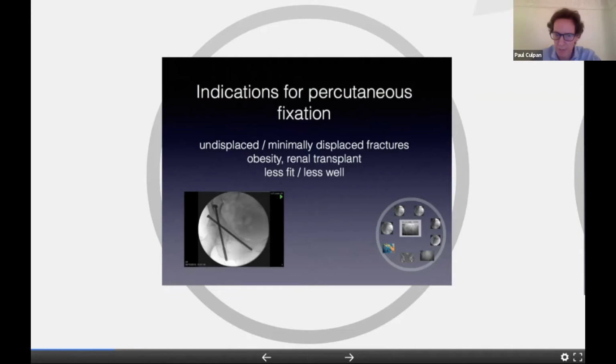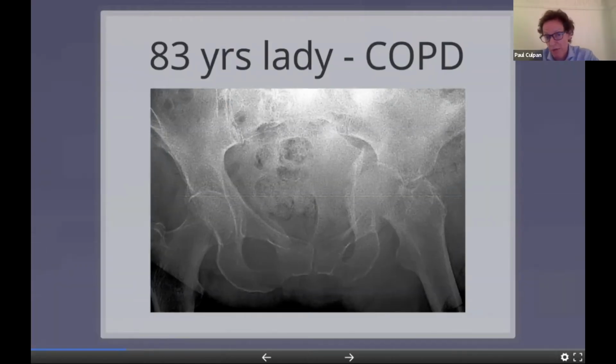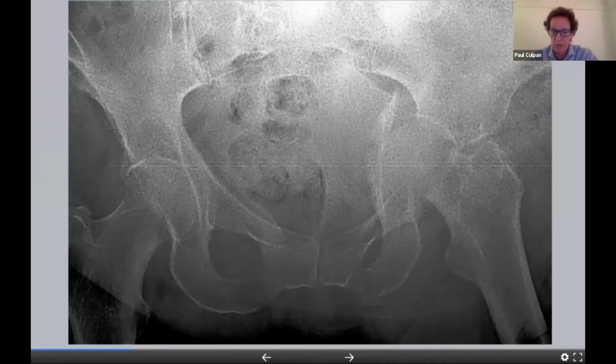The example I have is a patient who is just really not fit for an operation. She was obese, and she had advanced COPD. She was on home oxygen. The problem was that this injury pattern would not permit her to sit up, so even going bed to chair for a simple transfer was a challenge for her.